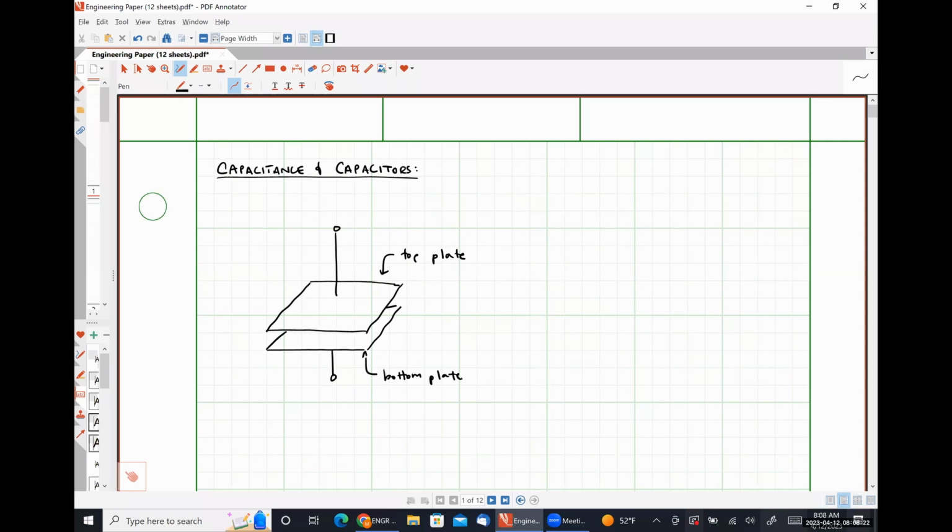Like so. Okay. So this is a circuit element that we can see literally contains an open circuit. And we're going to see that it works that way in DC circuits here in just a little bit. There is not a means of electrical conduction that is separating these two plates.